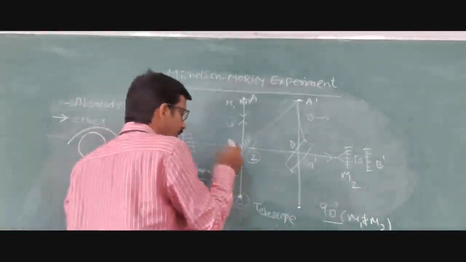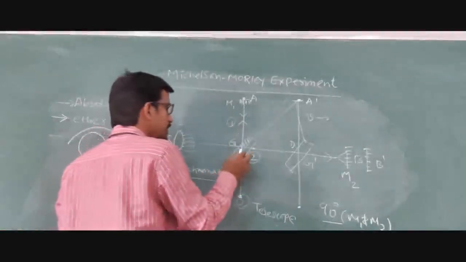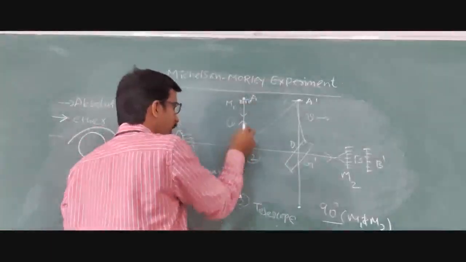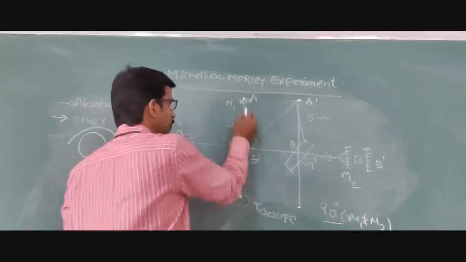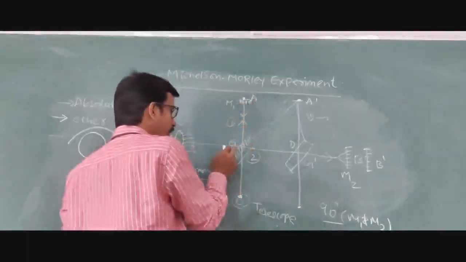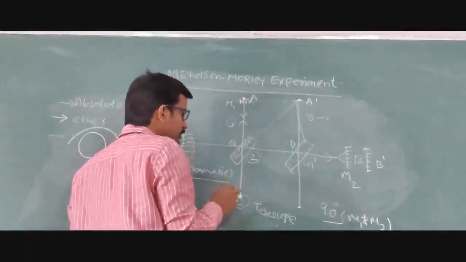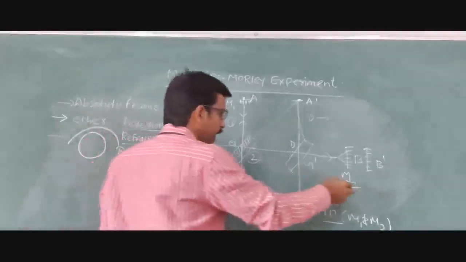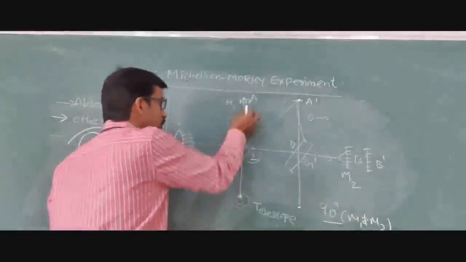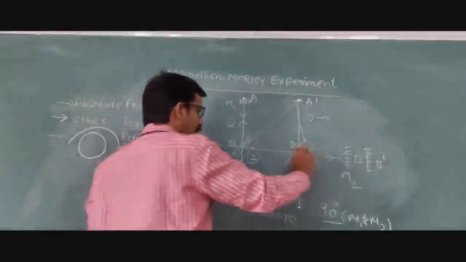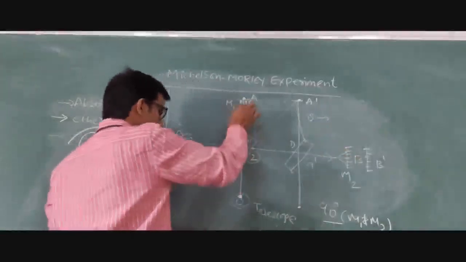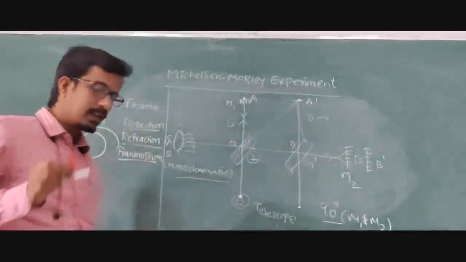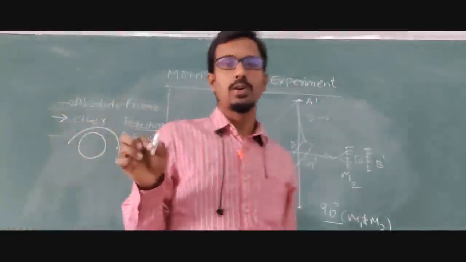So transmission of light takes place and goes along the direction of M1, and returns back after transmission. Again from here it goes to M1. One part of the light goes in this direction, another part goes in this direction, and two waves come here. So what is happening here? An interference pattern is going to form.